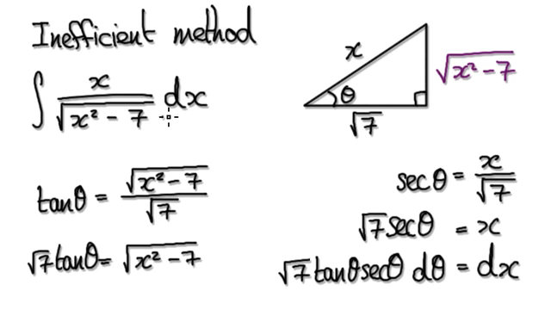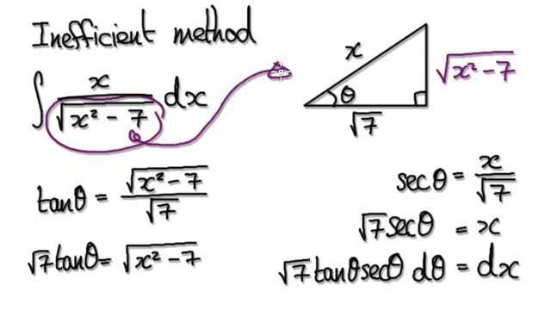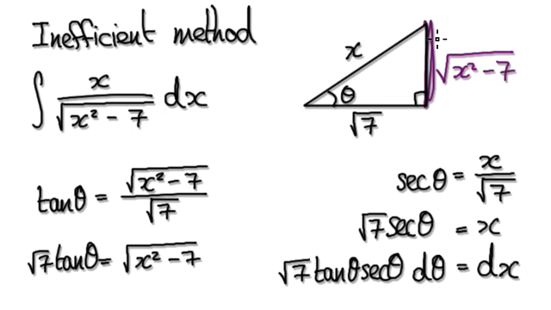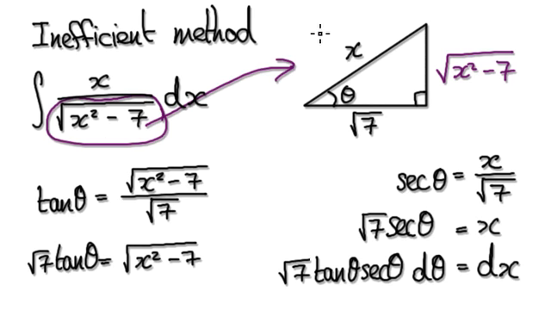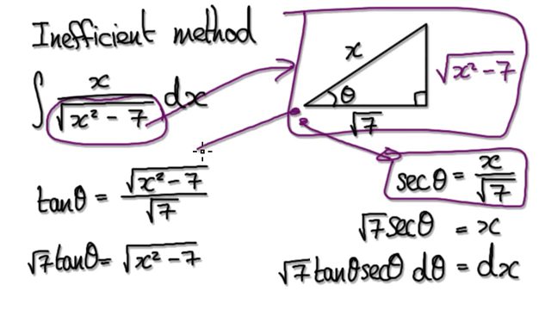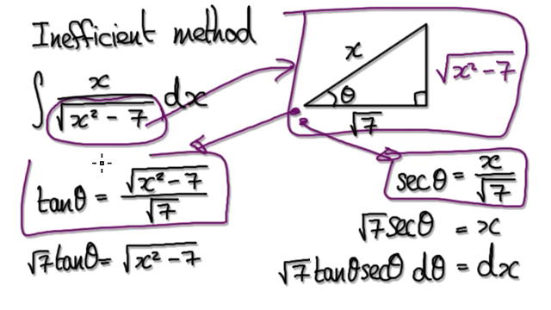Our normal routine would be to zoom into this bit and then create a right angle triangle in such a way that this thing here will be satisfied. So if you make the hypotenuse x, the adjacent √7, then the opposite will be this thing here. From this right angle triangle, we can obtain this, and we can also obtain this.